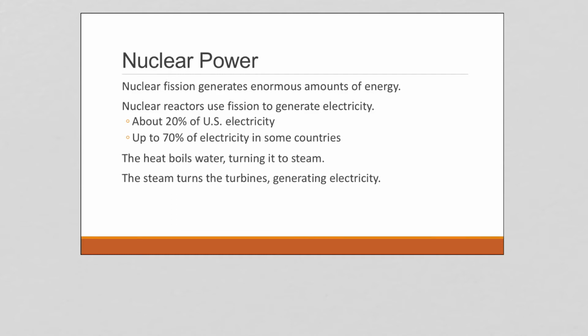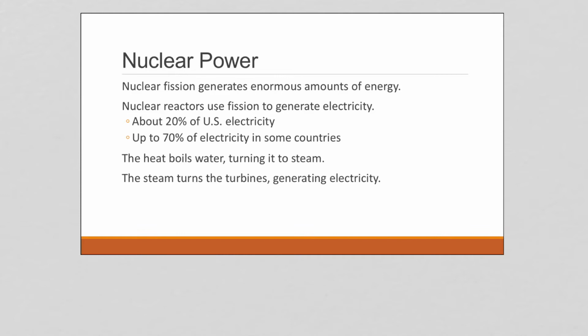Essentially speaking, the heat or energy produced by the fission process in a nuclear power plant is used to create steam, in many ways the same way that in a coal power plant, the burning of coal is used to create steam. The steam ultimately then is used to create the electricity in a generator. So the nuclear reactors use fission to create steam, which is ultimately turned into electricity.